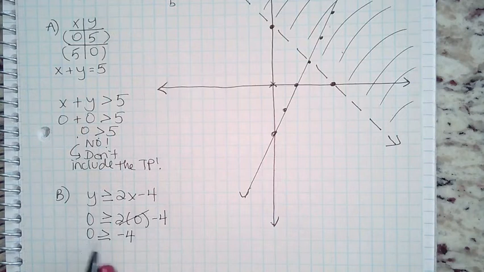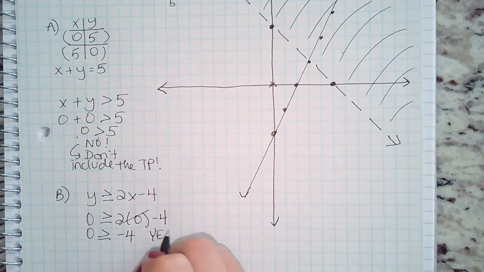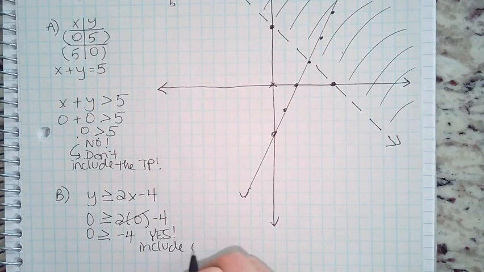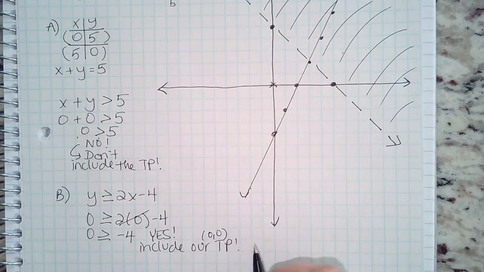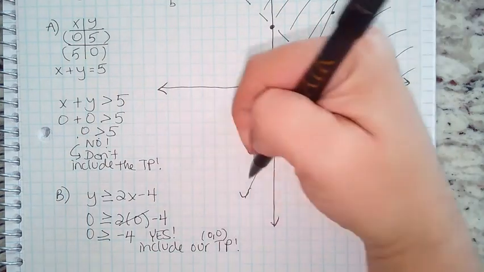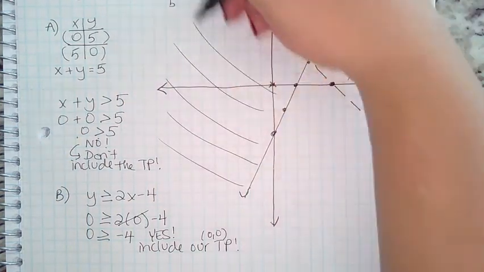Is 0 greater than or equal to negative 4? The answer is yes. So that means we include our test point, which is 0, 0. So there's 0, 0. I'm including my test point. And so this is the side I'm going to shade.